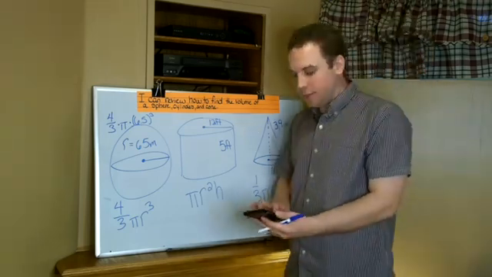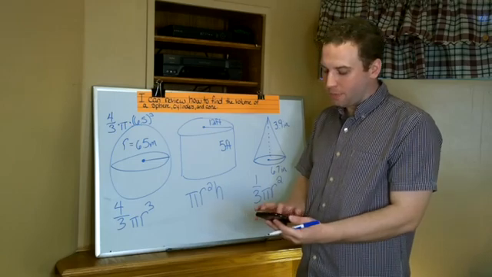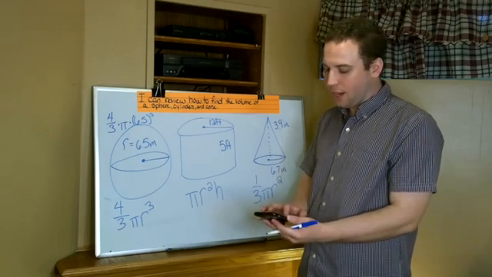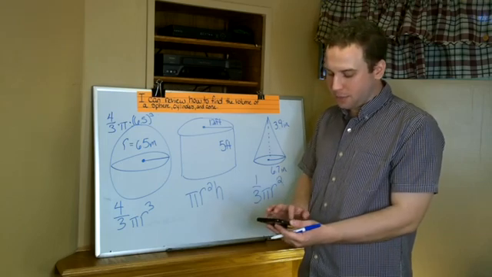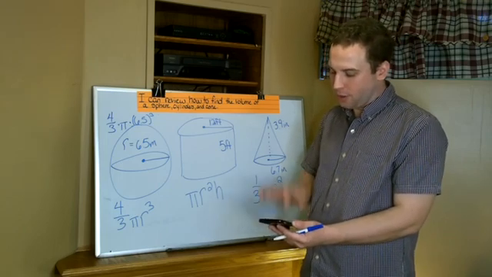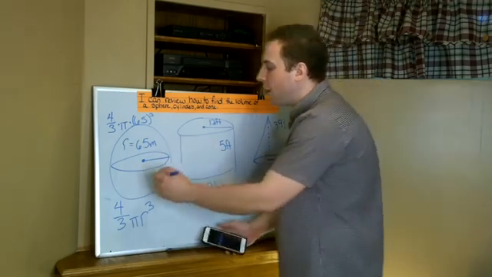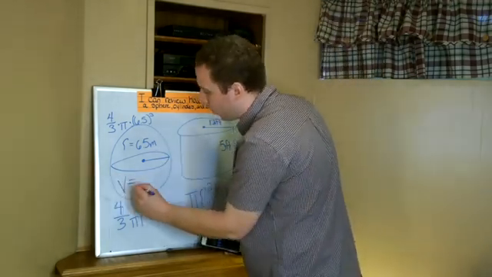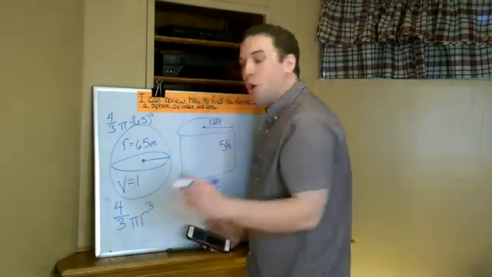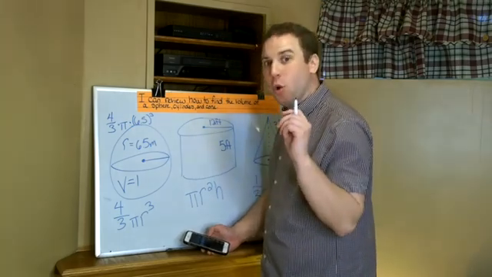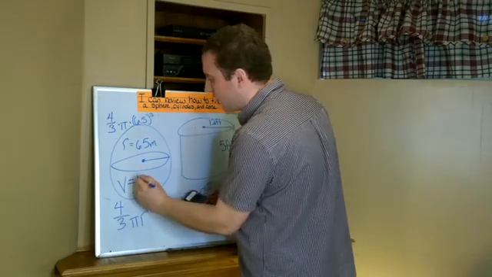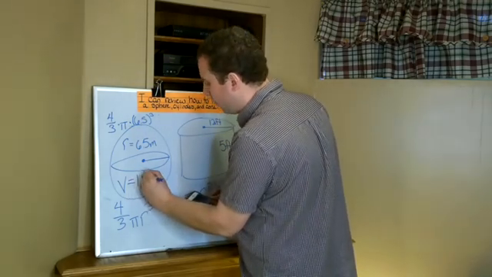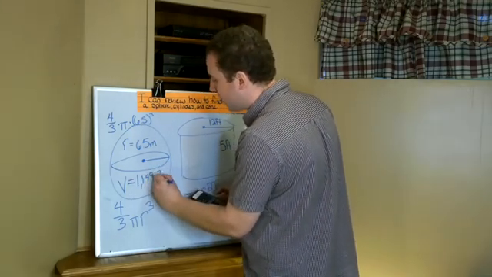So, 6.5 cubed times pi times 4/3. So my volume for a sphere would be, and again, make sure you round to the nearest what? That's correct, the nearest tenth. So I'd get 1,149.76.